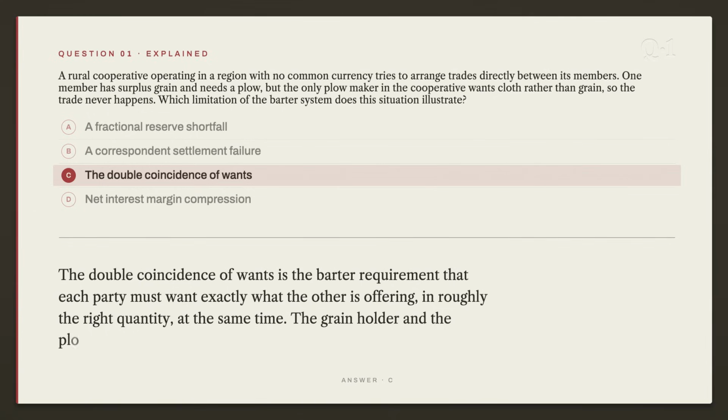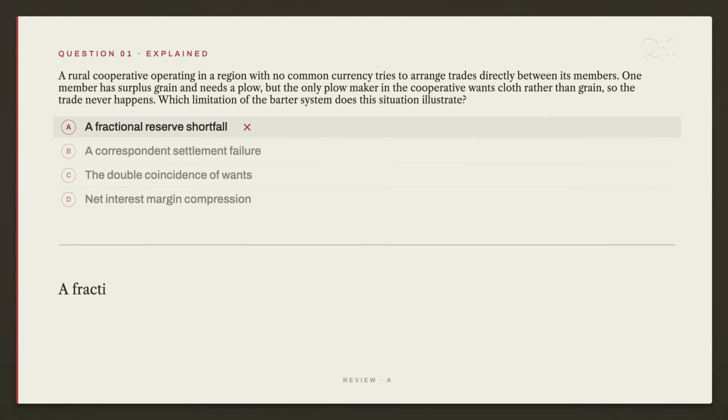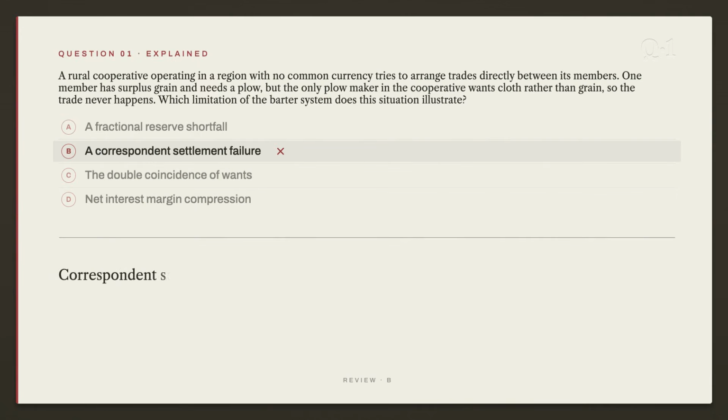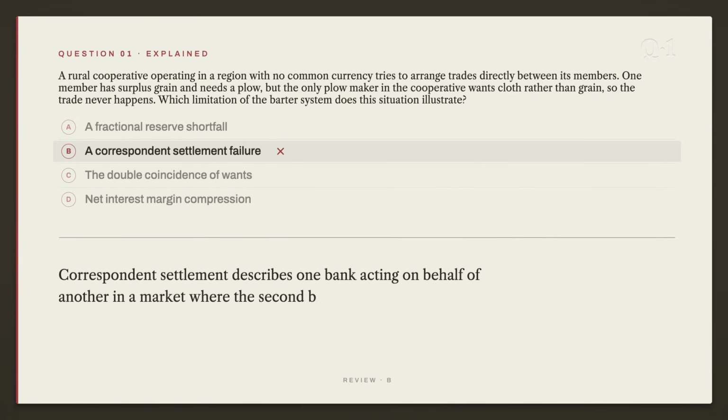A is wrong because a fractional reserve shortfall refers to a bank holding too little in reserve against depositor claims. No bank, deposit, or reserve exists in a direct goods for goods trade. B is wrong because correspondent settlement describes one bank acting on behalf of another in a market where the second bank has no presence.